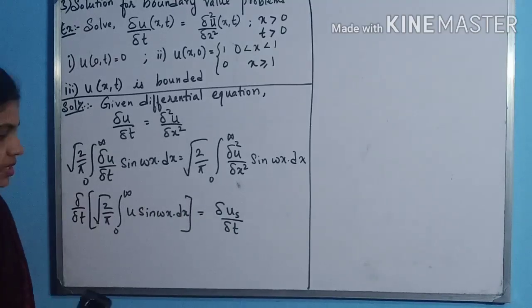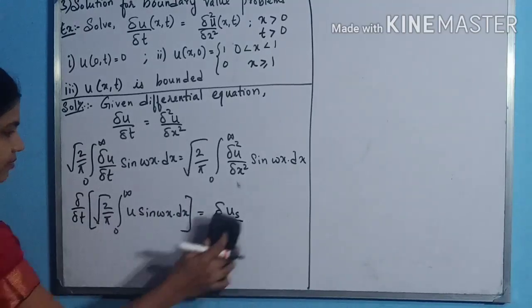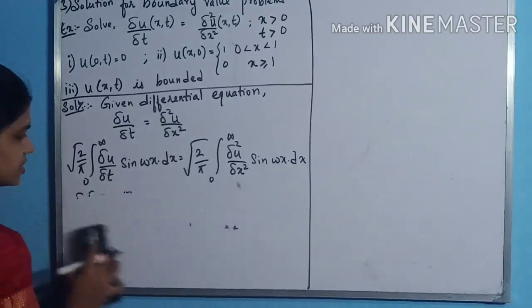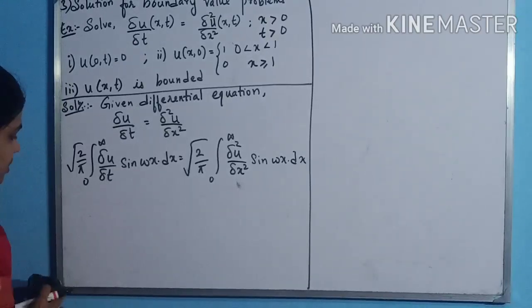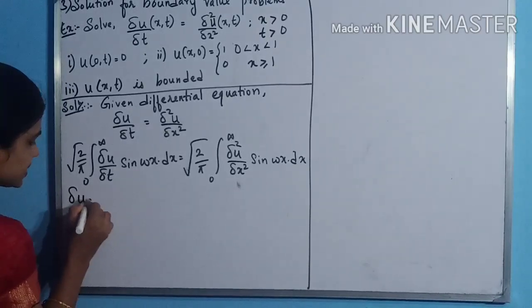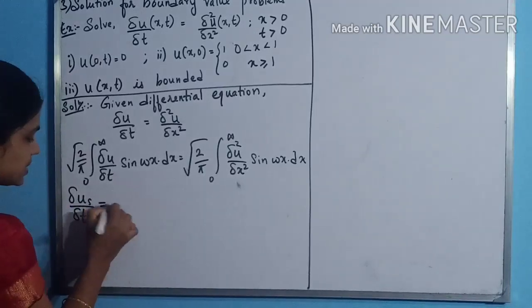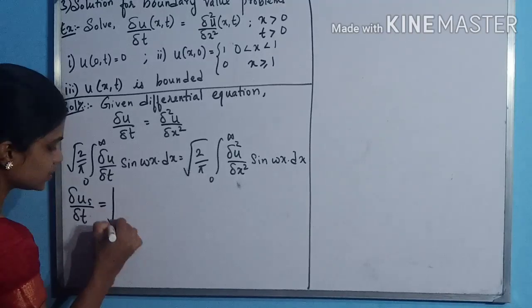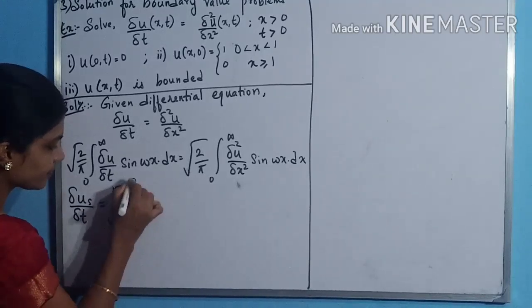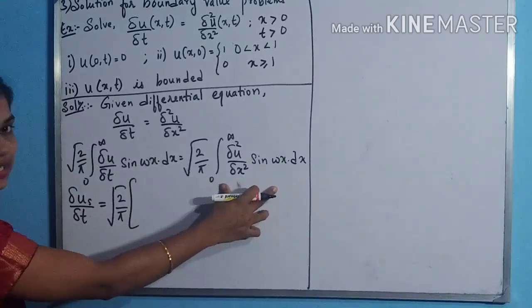And in the RHS, I'll directly put here ∂u_s/∂t on the left. This is equal to root 2 by π, and now I'll have to integrate this.